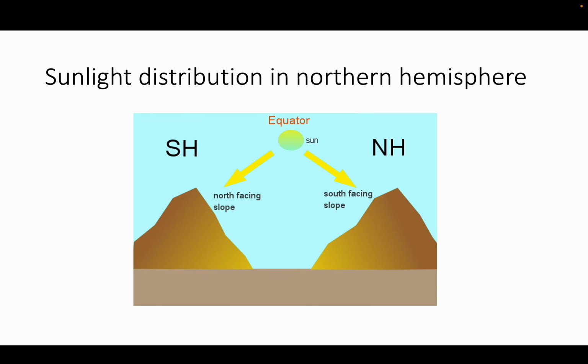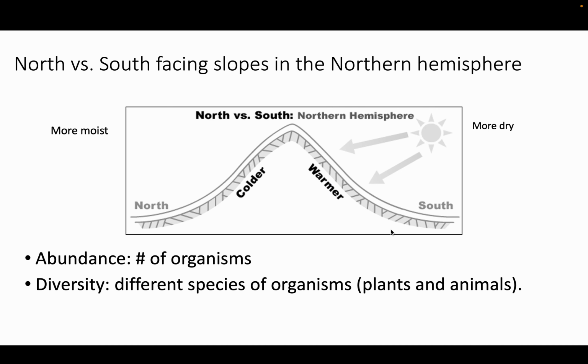Because of that, the north side and the south side of the slope are going to have different variation in life there. Since we are in the northern hemisphere, the south side of the slope gets intense sunlight hitting it throughout the day. The north side also receives sunlight, but just not at that same light intensity level.